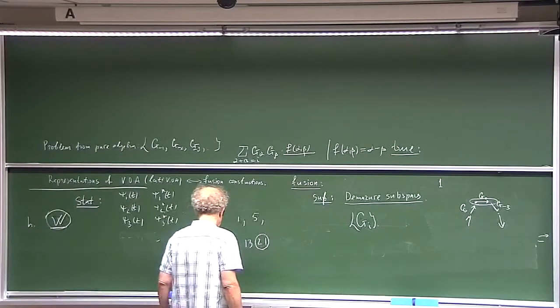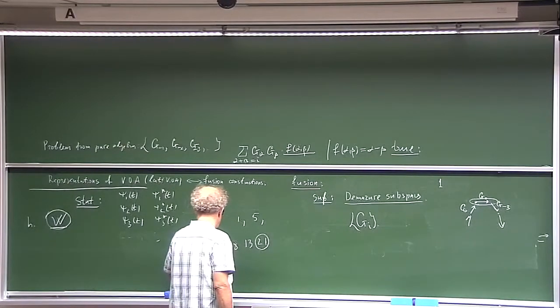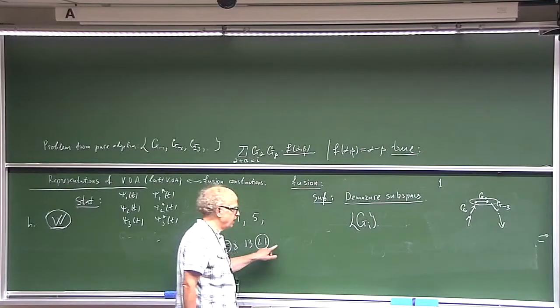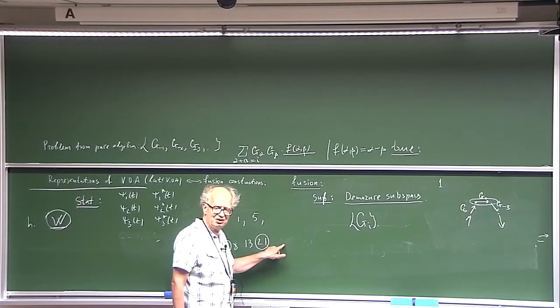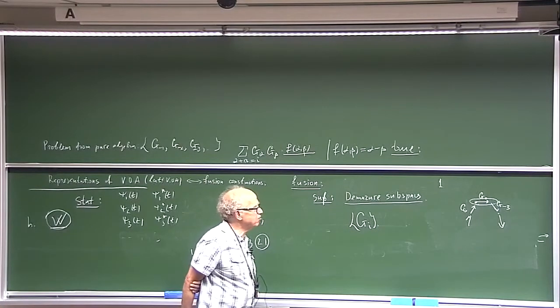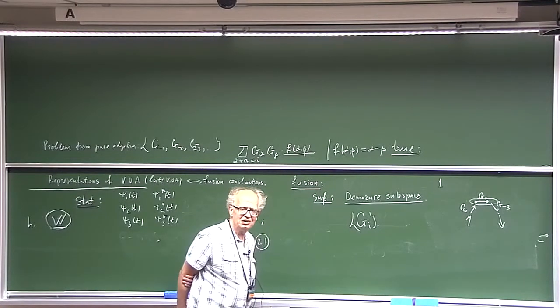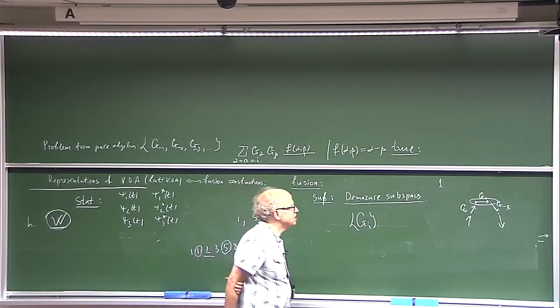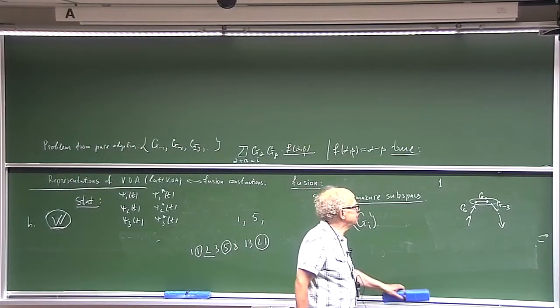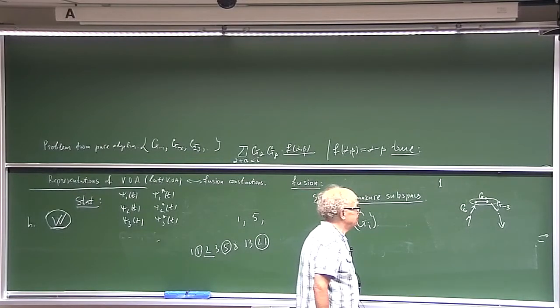And the next space will have this dimension. The next space has this dimension, and so on. And so all Fibonacci numbers appear as the dimensions of subspaces.